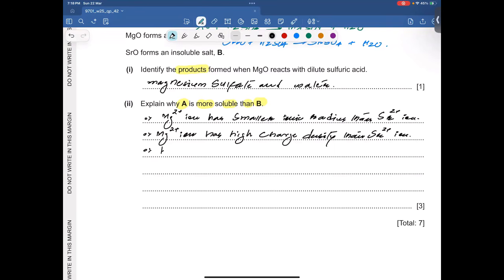So both lattice energy and hydration enthalpy increase.